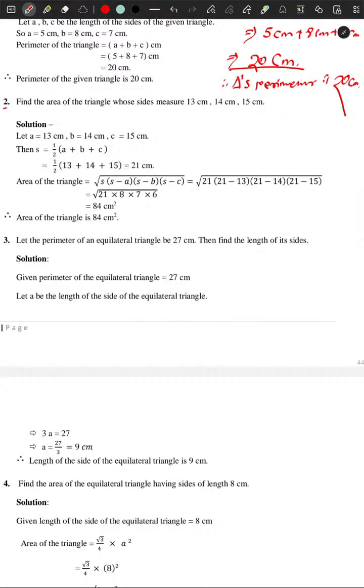Then we move to another question. Find the area of the triangle whose sides measure 13 cm, 14 cm and 15 cm. We solve this question by drawing a triangle, naming its angles and lengths of its sides 13, 14 and 15.